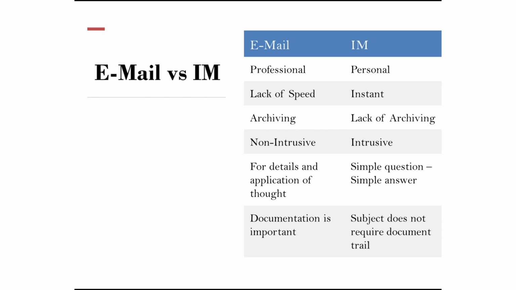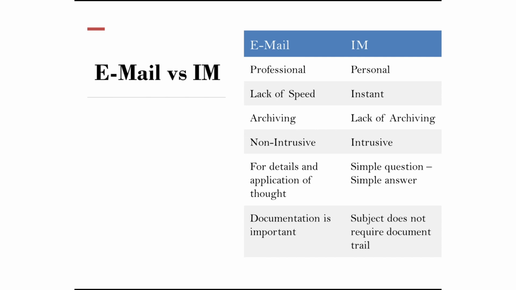Now, before we conclude, let us look into the differences between an email and an instant messaging application. As we discussed, email is very professional. It has to follow certain rules and regulations. Instant messaging is mostly personal. Email has a lack of speed because it may go to a server and then the server has to send it to the recipient, and you may look at your emails at a particular point of time.